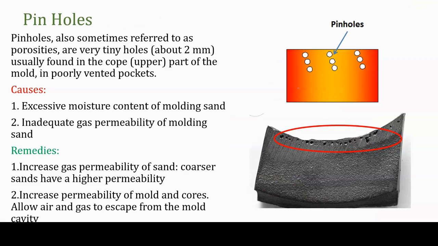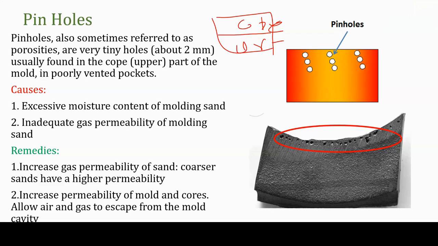Next one is pinholes. Pinholes are porosity or tiny holes about 2 mm in diameter, which are usually found at the upper part. We know that this is the drag and this is the cope. The cope is the upper part. Usually such defects happen at the upper part due to poor venting.